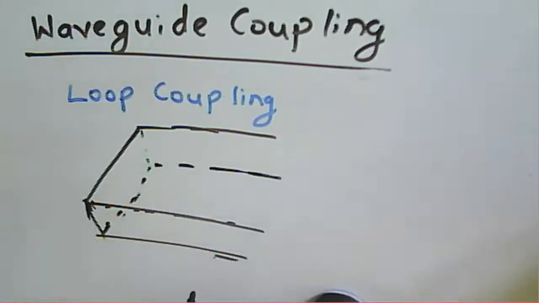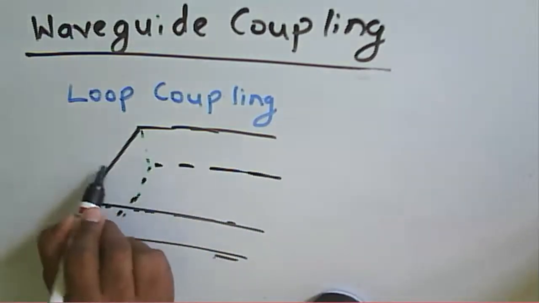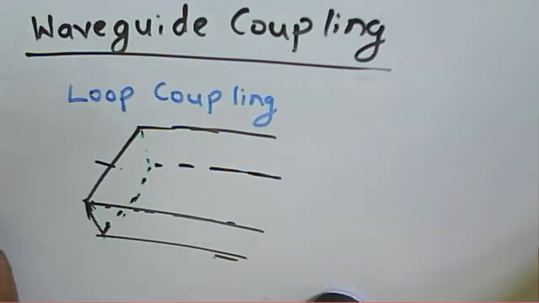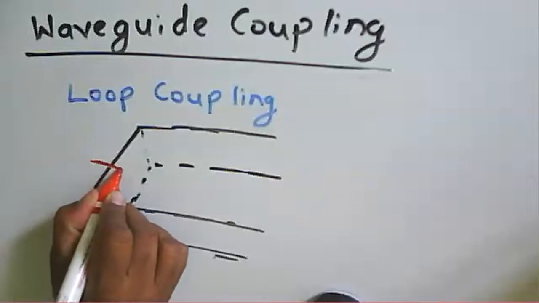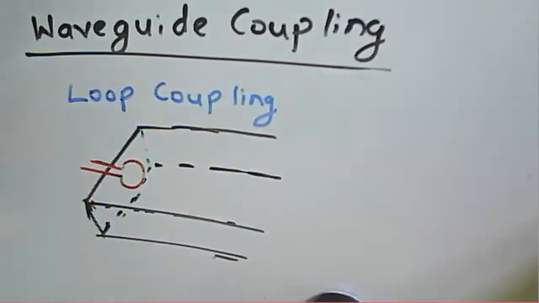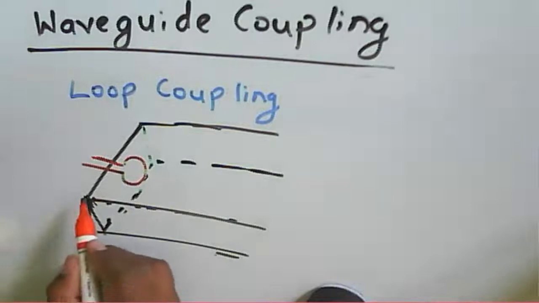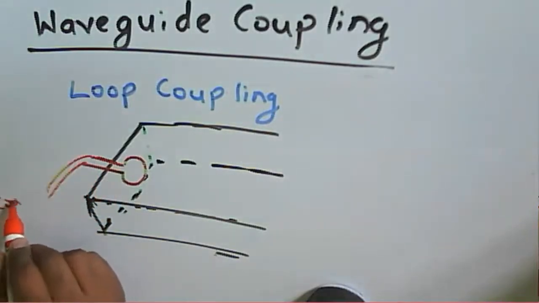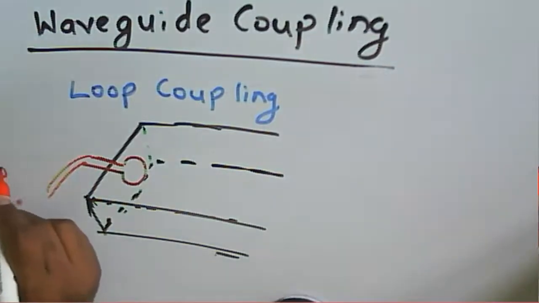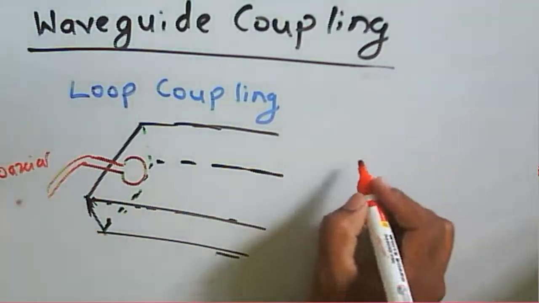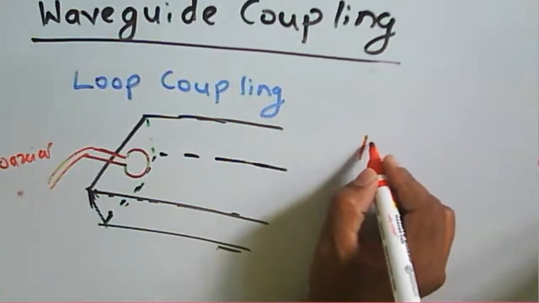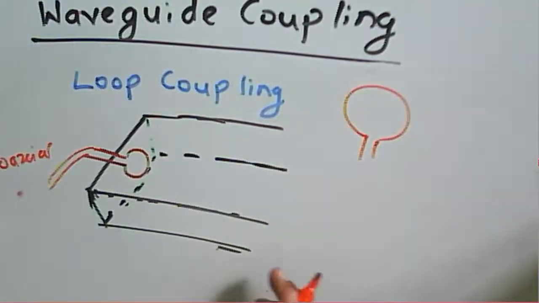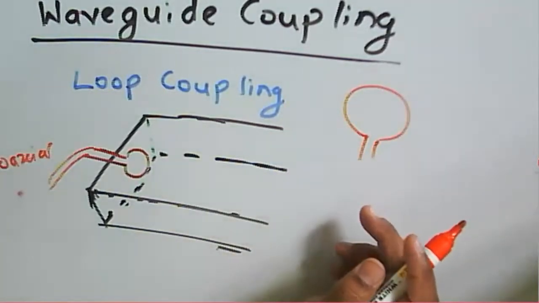Now here we are supposed to insert a small section of a loop. This loop is nothing but a loop made using a coaxial cable. So likewise, this one is the loop, and we are just going to insert it here.